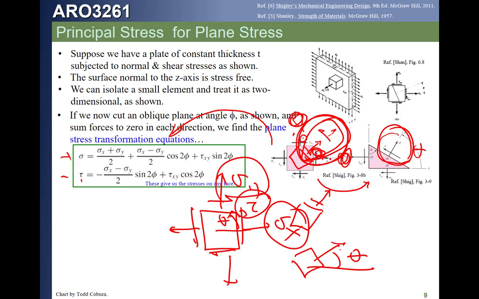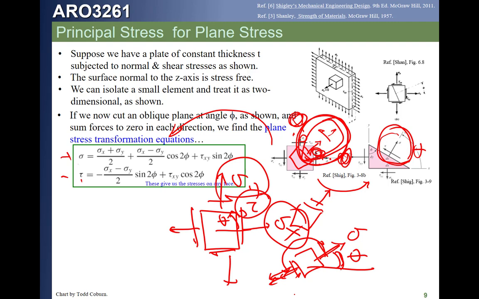Now, because these are action-reaction pairs, if we plug in this theta, we're going to get this normal and shear stress, and if we plug in that theta plus 180 degrees, we're going to get the exact equal and opposite stresses, or else something's wrong. Make sense?